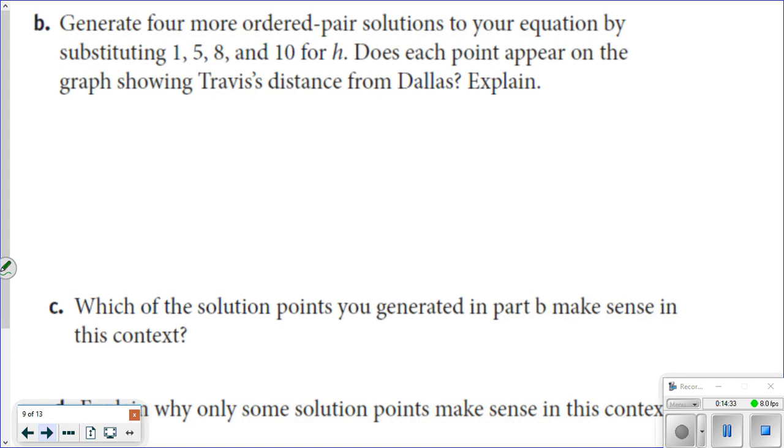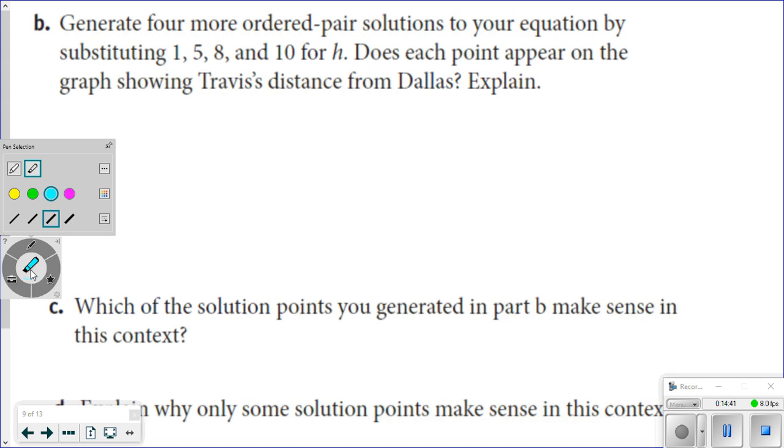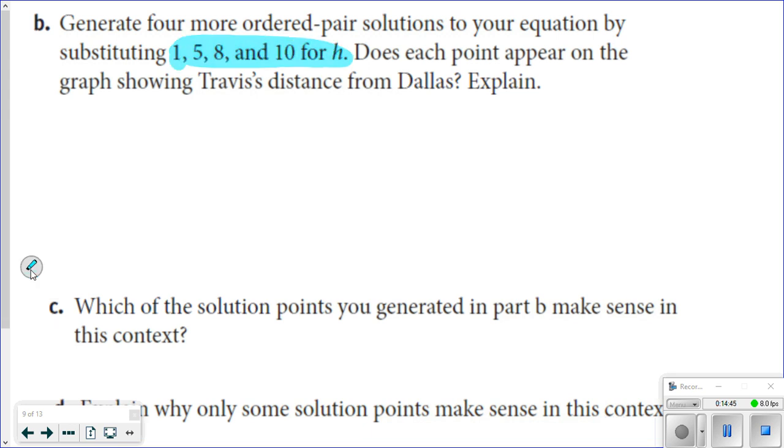Generate 4 more ordered pair solutions to your equation by substituting 1, 5, 8, and 10 in for h. Does each point appear on the graph showing Travis's distance from Dallas?